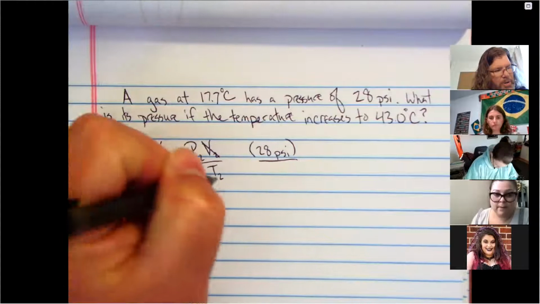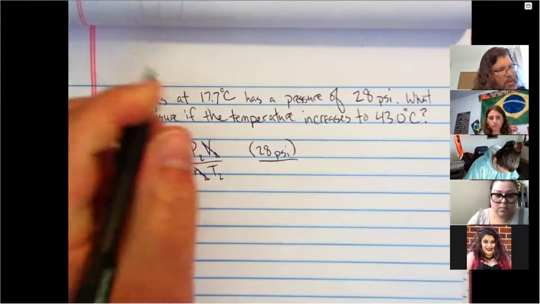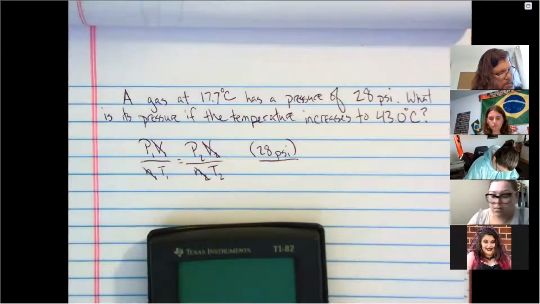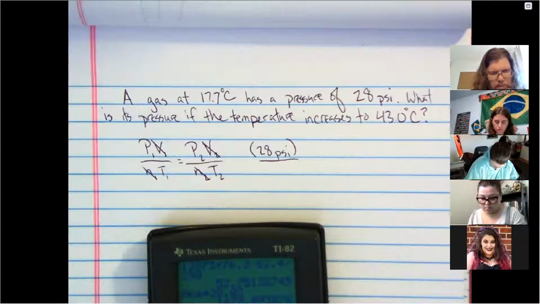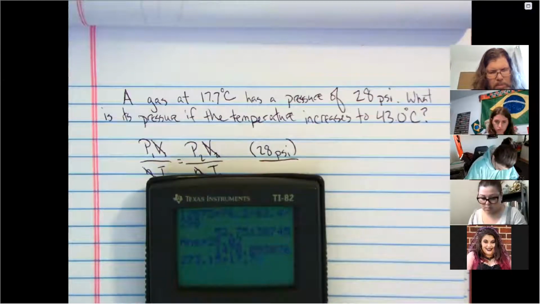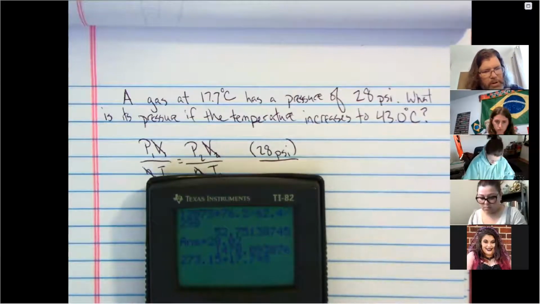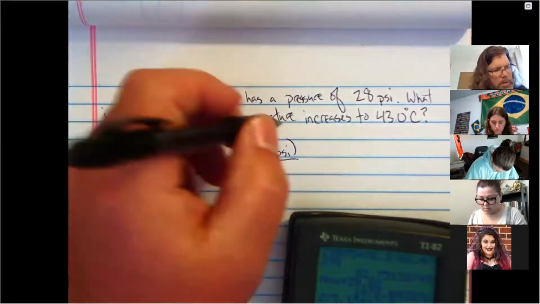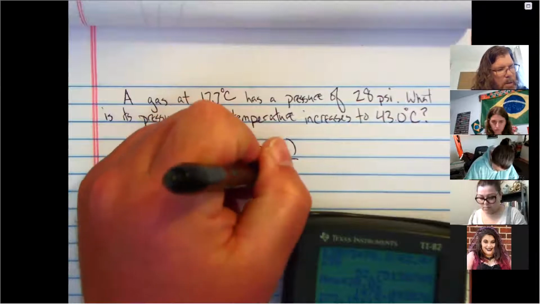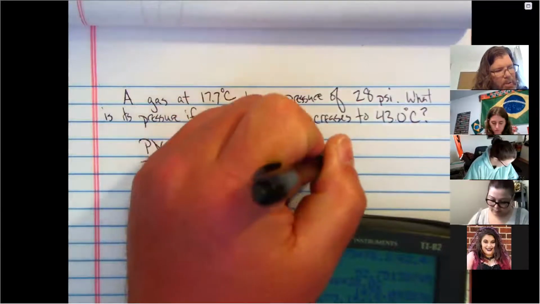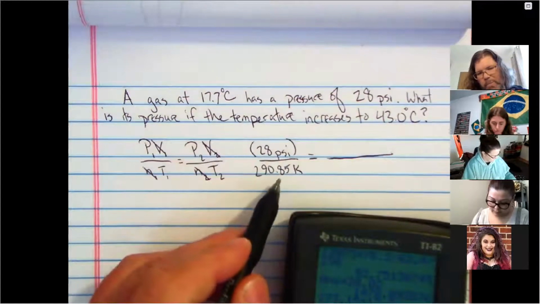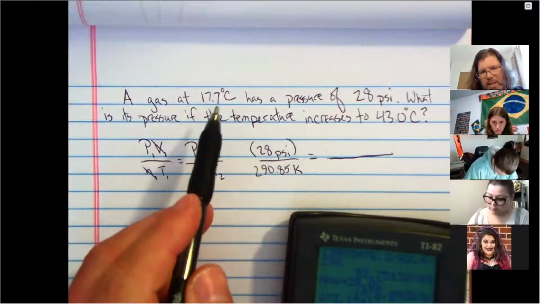Our initial temperature is 17.7 degrees Celsius. So I'm converting that to a Kelvin temperature. So I added 273.15 Kelvin because we had a temperature all the way down to the tenth of a degree.